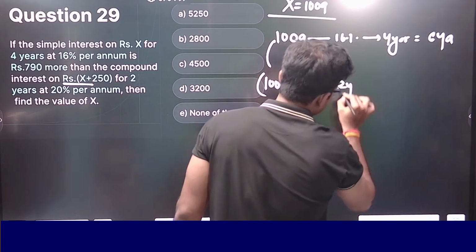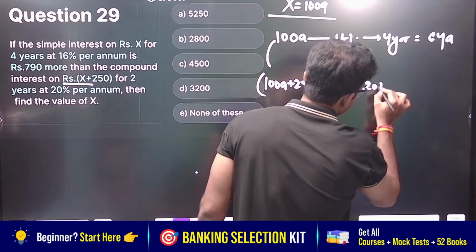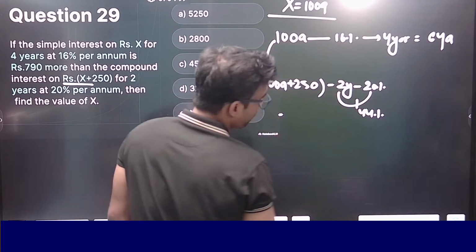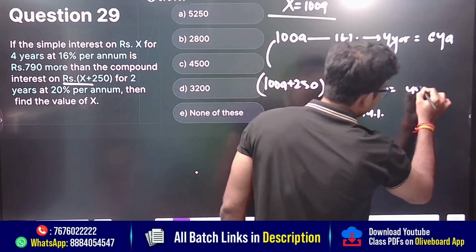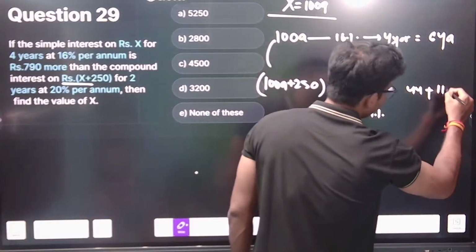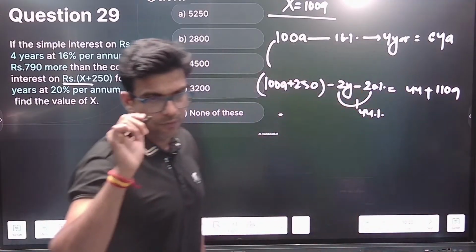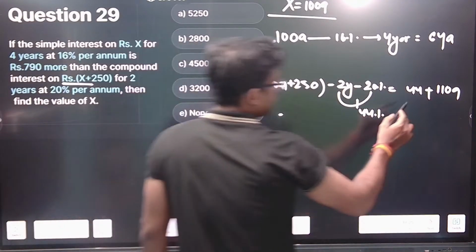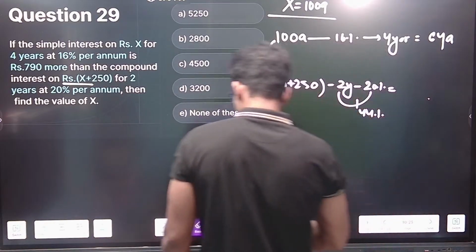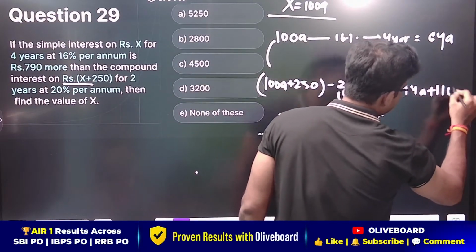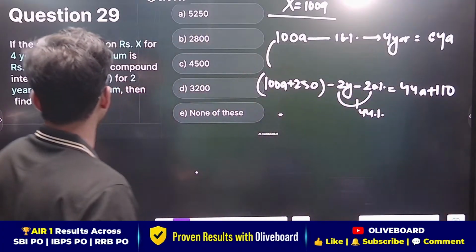Now 2 years at 20% is 44%. 44% of 100A is 44A and 44% of 250 is 110. Sorry, I have written it opposite. This should be 44A plus 110. I hope you guys got this.